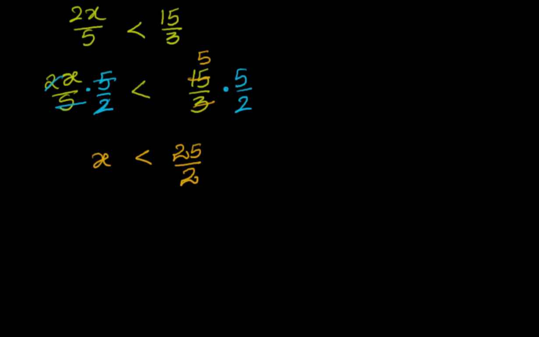Now x is an integer. If x is an integer, then the solution set will be, it cannot be less than 25 by 2, so it cannot be 13, but it can be 12, and all the integers before 12: 12, 11, 10, you can have 0, then you can have minus 1, then minus 2, and go on.